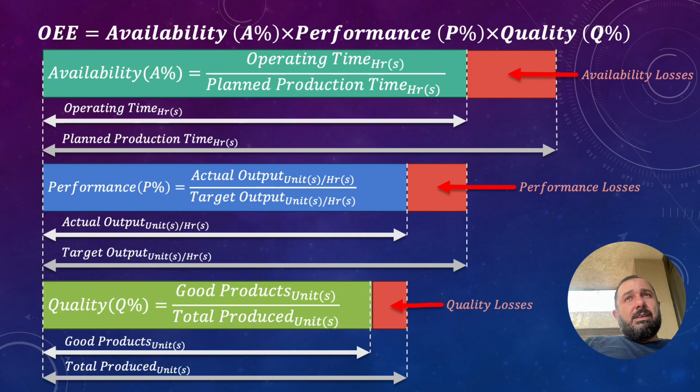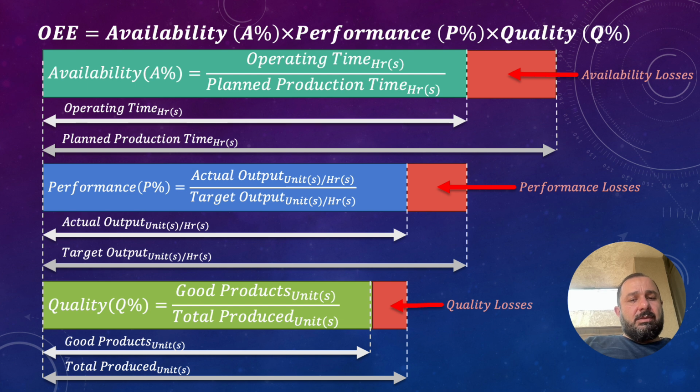The target means I'm having a target of 100, 1,000 units per minute, whatever, and how much I have reached out of this target gives you the performance. So the performance is affected by performance losses, as we said before, which is the performance of the operator himself, reducing speed of the machine, small stoppages of the machine.